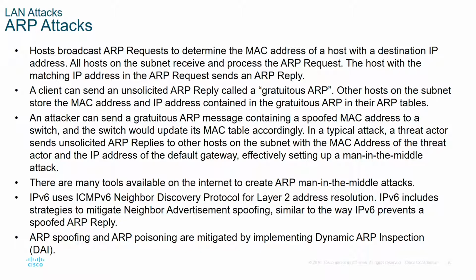There are many tools available on the internet to create ARP man-in-the-middle attacks. IPv6 uses IPv6 Neighbor Discovery Protocol for Layer 2 address resolution. IPv6 includes strategies to mitigate neighbor advertisement spoofing, similar to the way IPv6 prevents a spoofed ARP reply. ARP spoofing and ARP poisoning are mitigated by implementing dynamic ARP inspection, DAI.